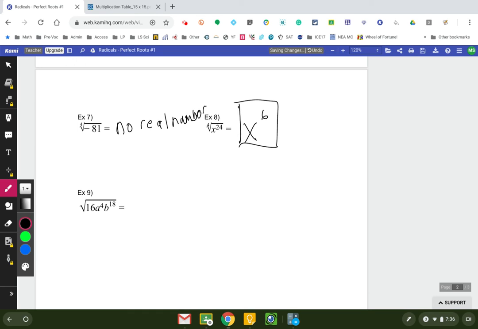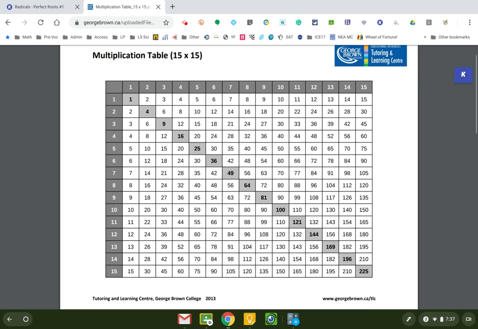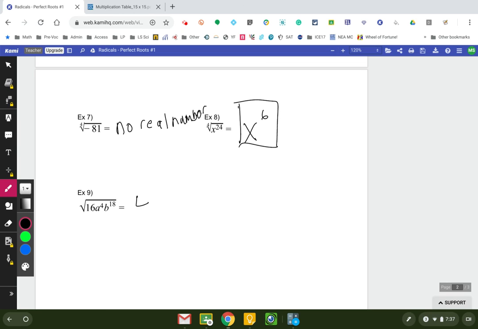All right. And then the last example kind of combines all the things we were doing so far into one problem. So if you remember, for 4, if we have just a number, you take the square root of it, which, to review, if you go to your multiplication table, I'm going to find 16 over here. It's right there. And then I look up and I've got 4. So my answer right here is 4.